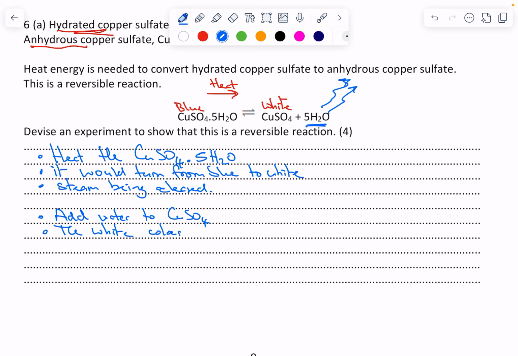The white colour would turn blue, and that's as the hydrated copper sulfate is formed. So we're making it go backwards and forwards as we do that. And again, what you would see, if heat is being added going that way, coming back this way, you're going to get heat being released, because that would be endothermic in its process.